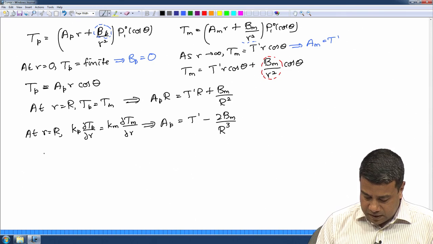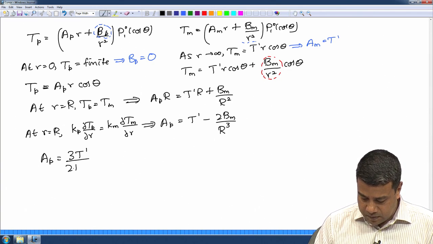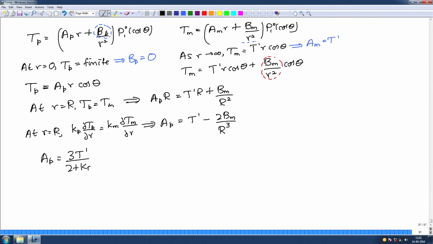And what you will get is that A p is equal to 3 T prime by 2 plus K r, and B m is equal to 1 minus K r times T prime by 2 plus K r into, I think it is R cube, where K r is equal to the ratio of the conductivities. You can solve this quite easily.